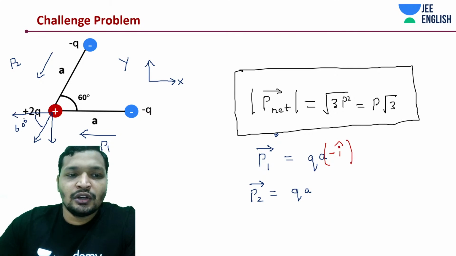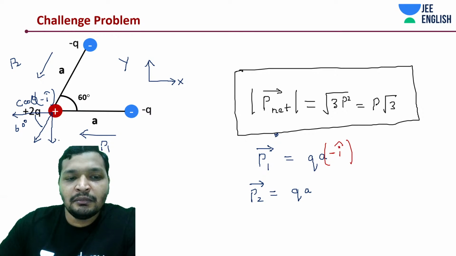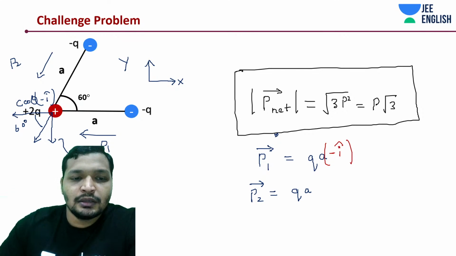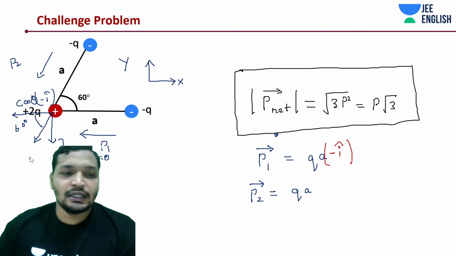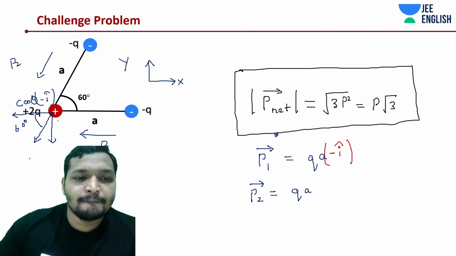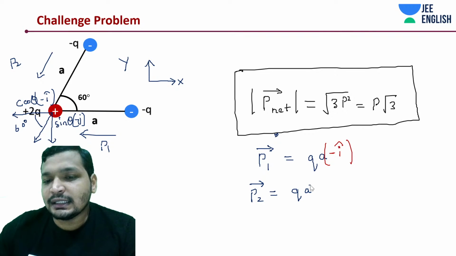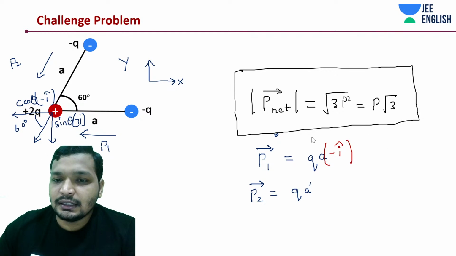Okay, along the x-axis it is going to be how much? Cos theta minus i cap, and this is going to be sin theta minus j cap. Right, again, if this is a little confusing, just add the terms in the brackets, that's it.